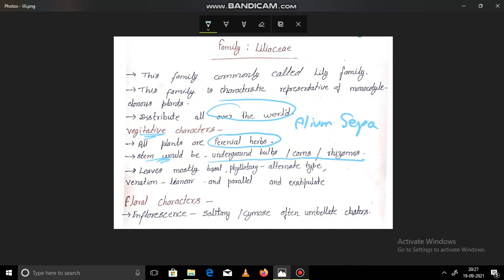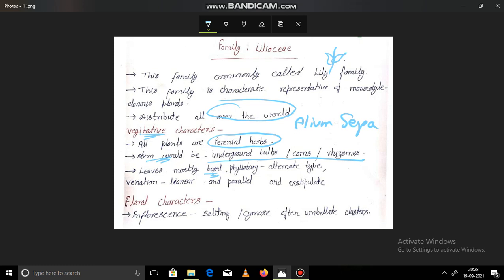Next point is the leaves. The leaves are mostly basal. What do you mean by basal? Basal means if you see the plant, you can find the leaf even at the base of the plant, almost near the root. These kinds of leaves actually protect the root.